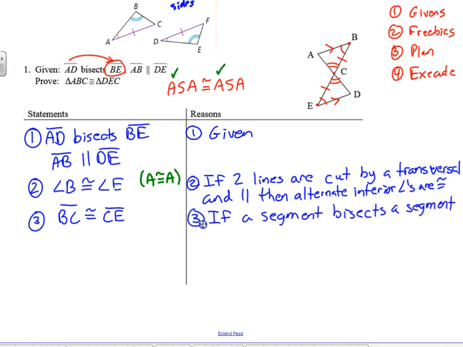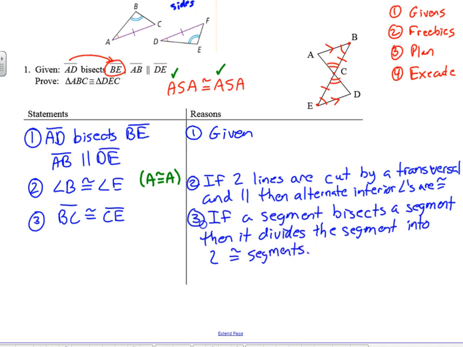If a segment bisects a segment, then it divides the segment into two congruent segments. Okay, and we got our side congruent to our side with that step.